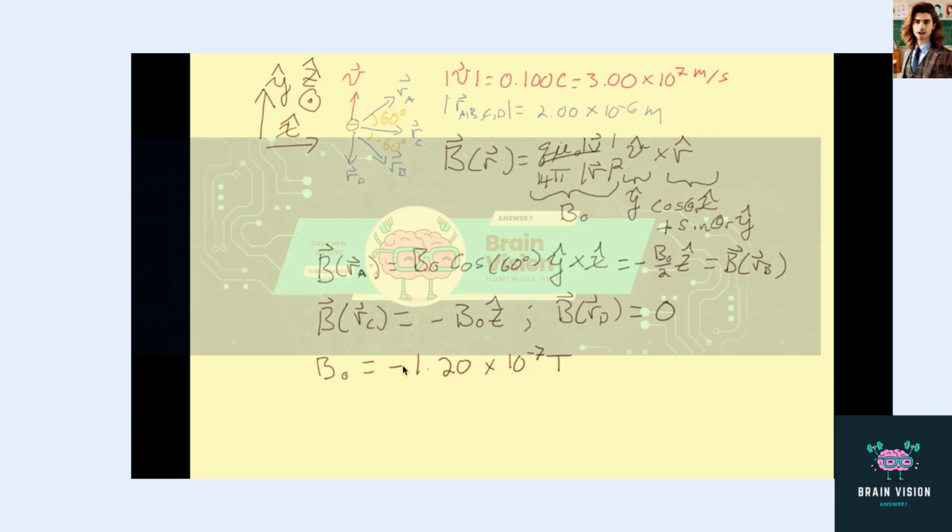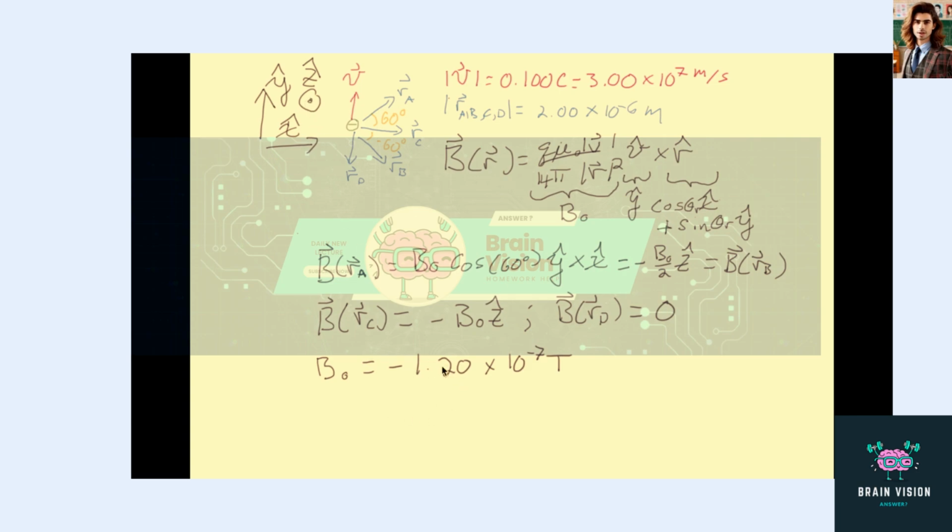And this is negative because the charge of the electron is negative, and notice when we plug this into all of these values for BRA, BRB, and BRC, it cancels with this negative sign, and we get that all of these fields point in the positive z-hat direction out of the screen.